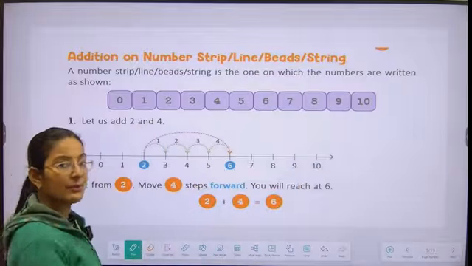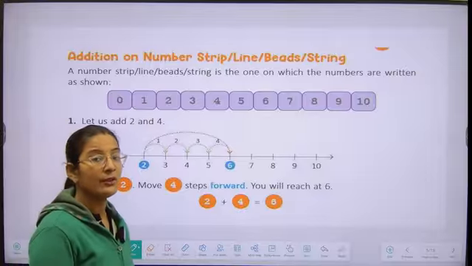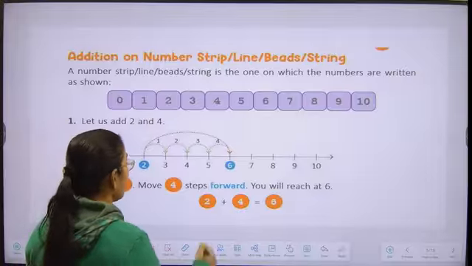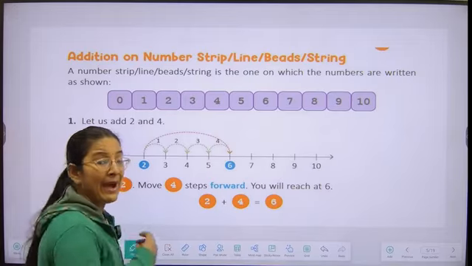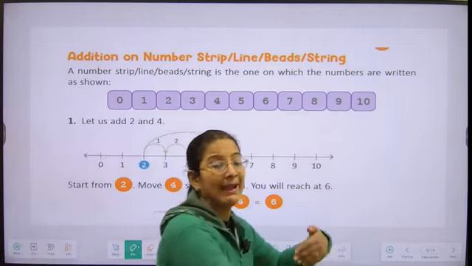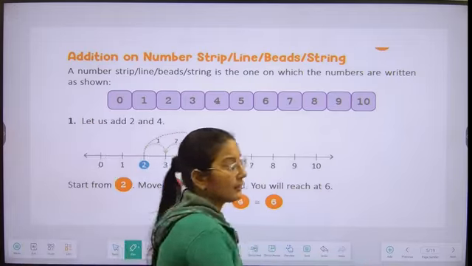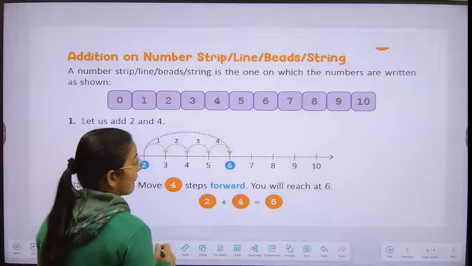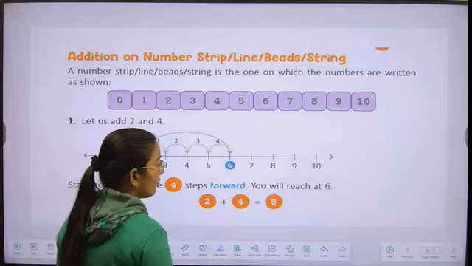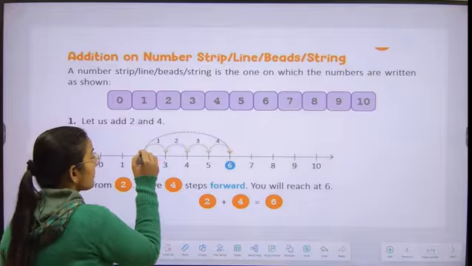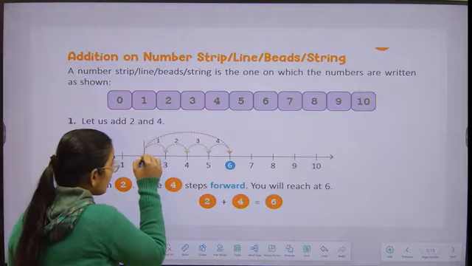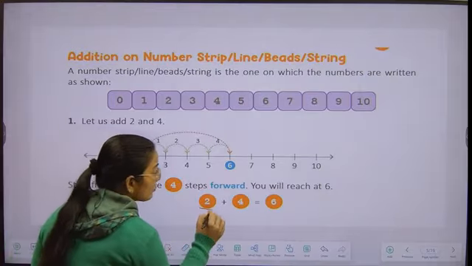After writing the numbers, what are we going to do? We are simply adding the numbers by forward counting, by doing forward stepping. Just like this, we have to add 2 and 4. So what are we going to do? First, we come to the number 2.